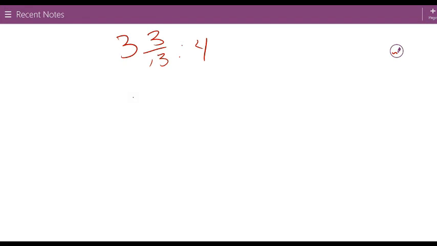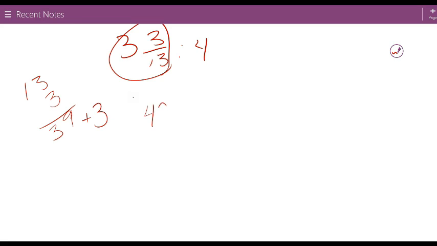Okay, so first we want this to be a mixed number. Okay, so 3 times 13 is what, 69, I believe? Huh, 39, I was way off. Plus 3 is going to give us 42 over 13, divided by 8.